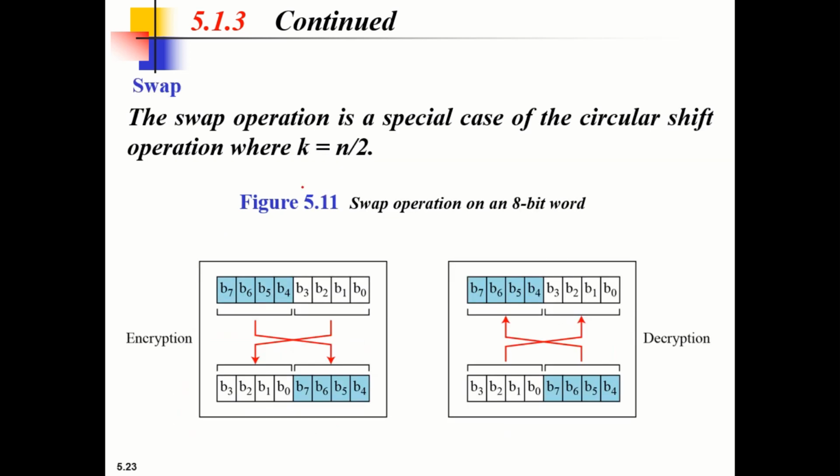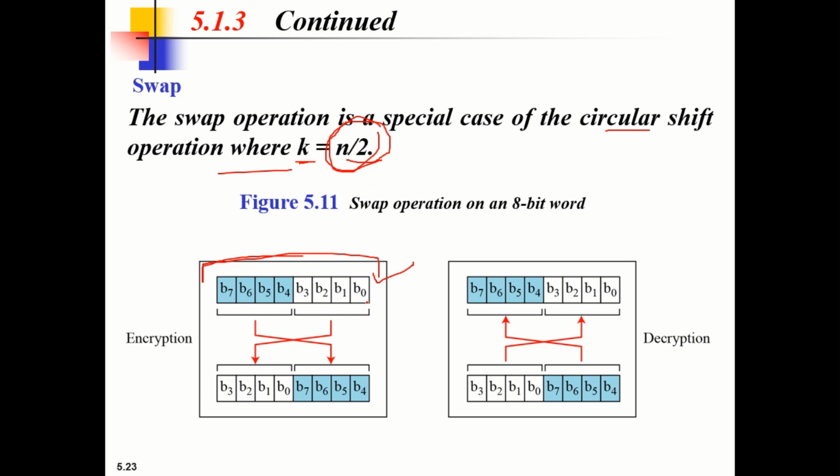Next is swapping. The swapping operation is a special case of the circular shift operation where k is equal to n by 2. In swapping, we divide the total number of bits we have into half and then swap their positions.